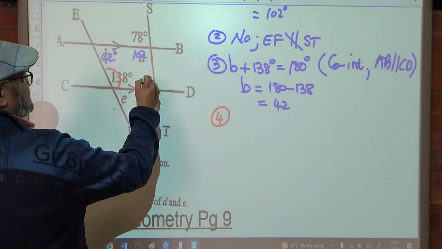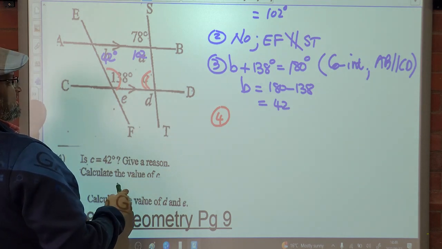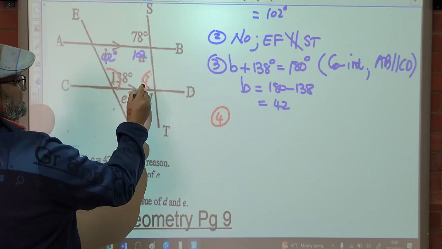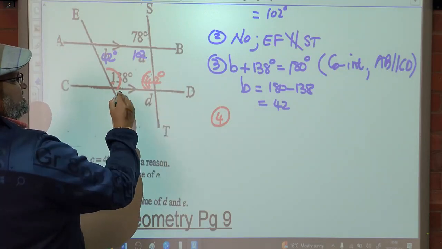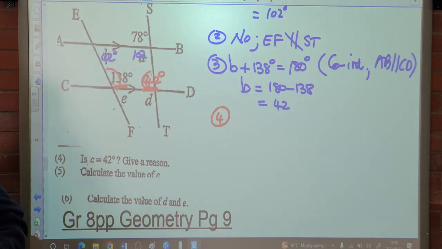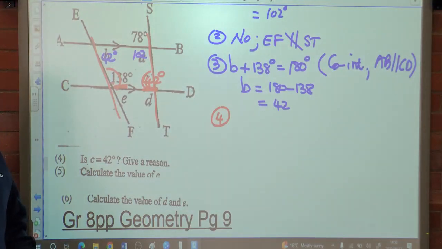Remember that if this angle is 42 degrees, then 138 plus 42 is going to give you 180. And if it's 180, then these lines have to be parallel. Is it parallel? No.